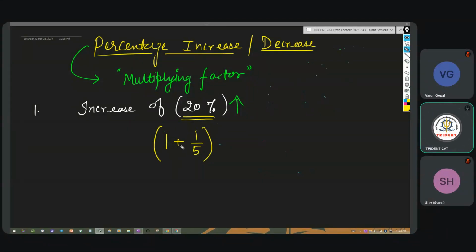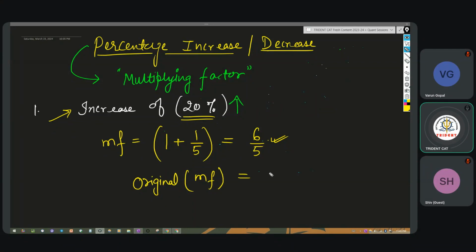Makes sense? And this is what I write as the multiplying factor, which corresponds to the increment of 20%. So the multiplying factor is going to be 6 by 5. Now, how do we relate all of this? The relation is pretty simple. We always think of this as the original number times the multiplying factor gives me the new number.